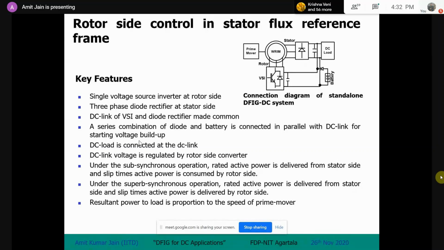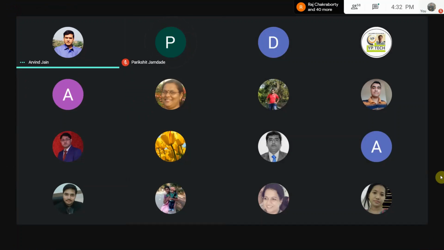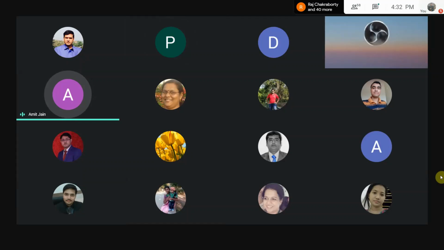Participants, you can ask now. It's full blank. So many students are there. Yeah, 15 are there. Why are people not asking questions? Anyone? This is not a good audience.